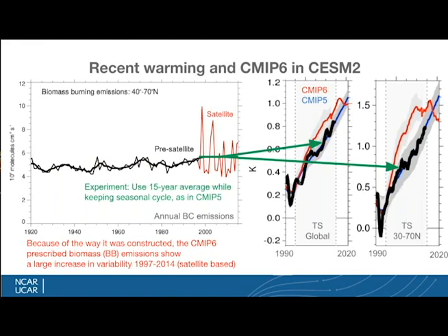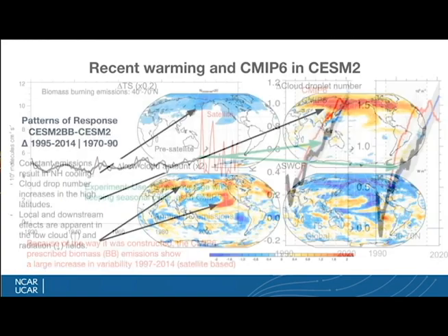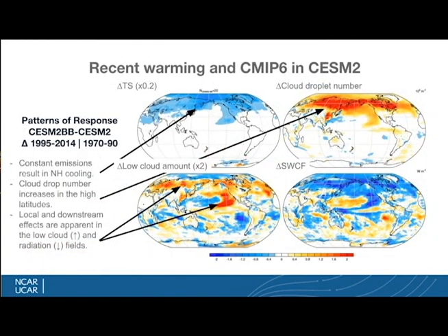So this is really critical in using historical reconstruction and historical simulations to understand the behavior of the model. So why is this happening?